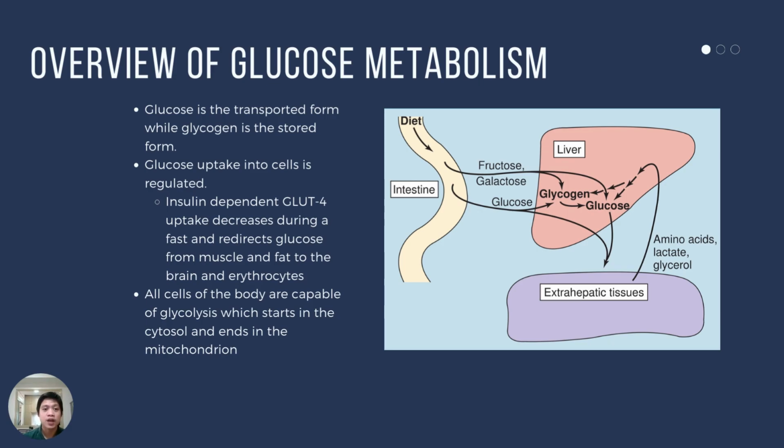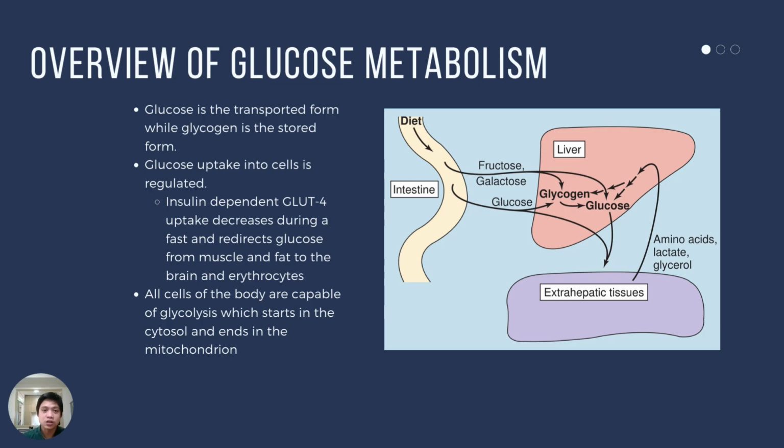In particular, insulin-dependent GLUT4 uptake decreases during a fast because when you don't have something to eat, the levels of insulin go down, and therefore the activity of GLUT4 goes down. This in effect redirects glucose from uptake by muscle and fat to uptake by glucose-dependent structures or cells such as found in the brain and the erythrocytes.